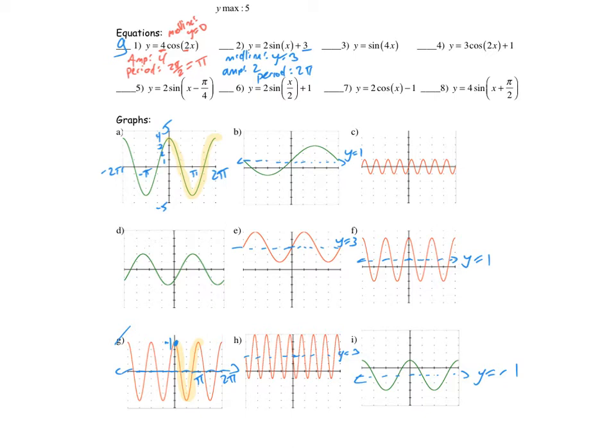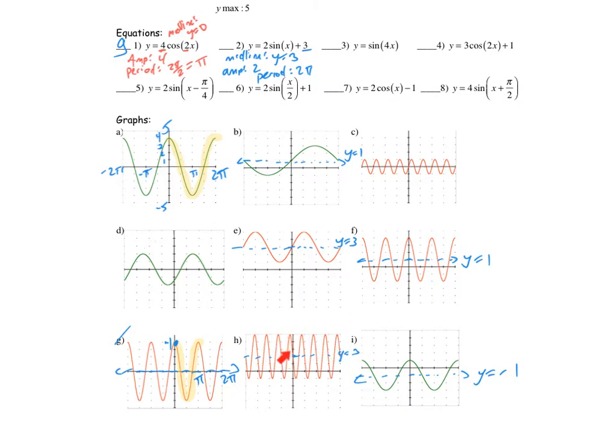So now for number 2, we're looking for a graph that's a sine function. So if it's sine, it's going to go through the midline at x equals 0, and an axis of oscillation at y equals 3. So as I look through the graphs, I have 2 that have an axis of oscillation at y equals 3.